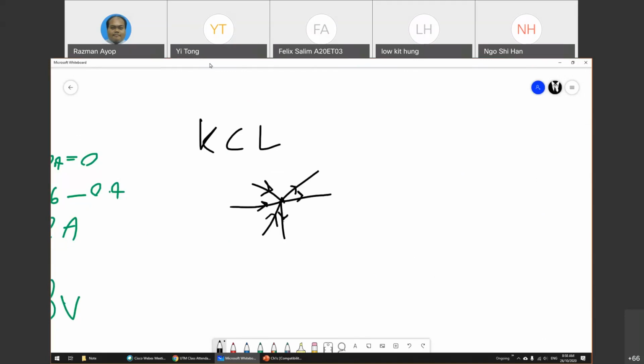So basically, for example, I1, I2, I3, I4, I5, I6. So you have to make sure that the direction is important. For example, you assign goes into the node. If it goes into the node, it will become negative. Negative if into node. Positive is out of node.